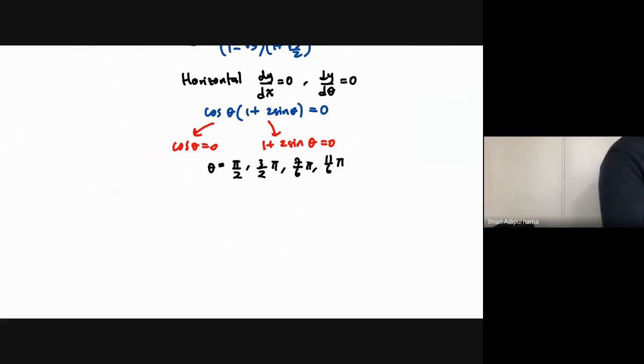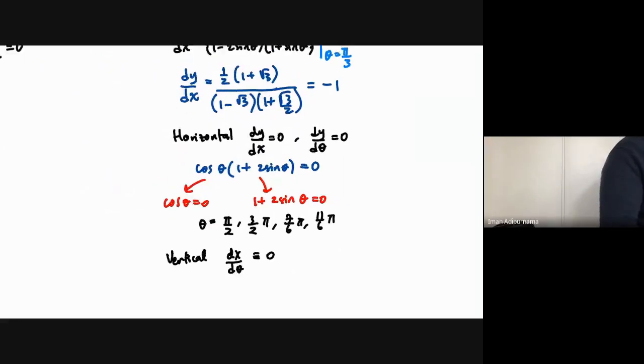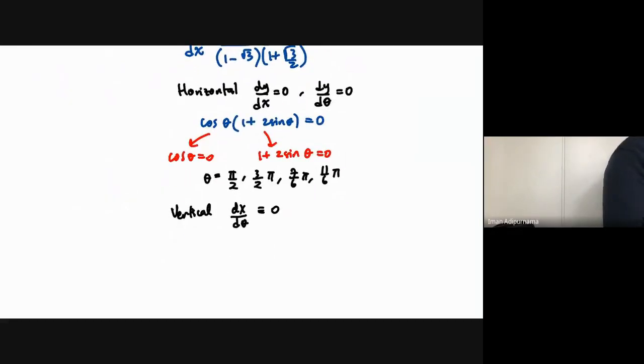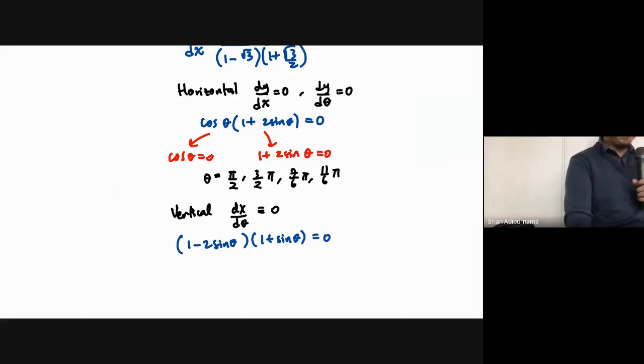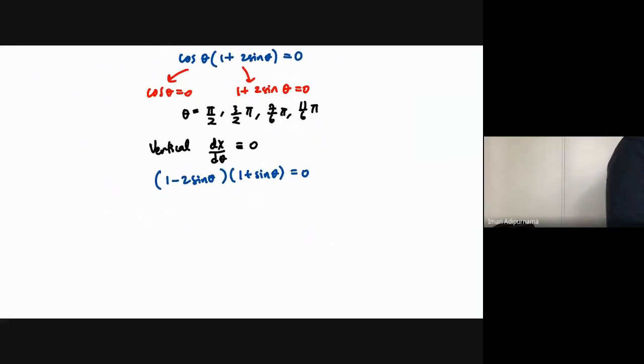and then the same thing with the vertical. You need to find where dx over d theta is 0, right? So this should be 0. So I have 1 minus 2 sine theta is 0, which means sine theta is positive half.